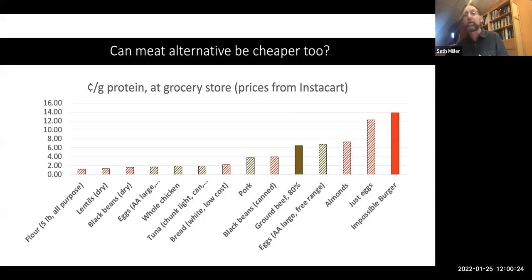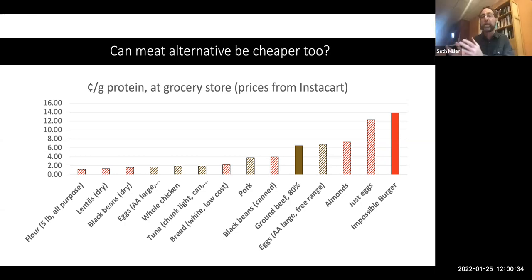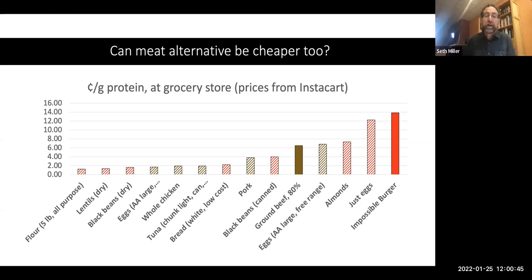And this is borne out if you go to shop at King Soopers. So I pulled all of this data from Instacart. This is what the prices are locally. And you can see the plant-based proteins are in red and the animal protein is in brown. And you can see the Impossible Burger is more than twice the price of the competing beef, right? Both of them are about 20% fat, right?